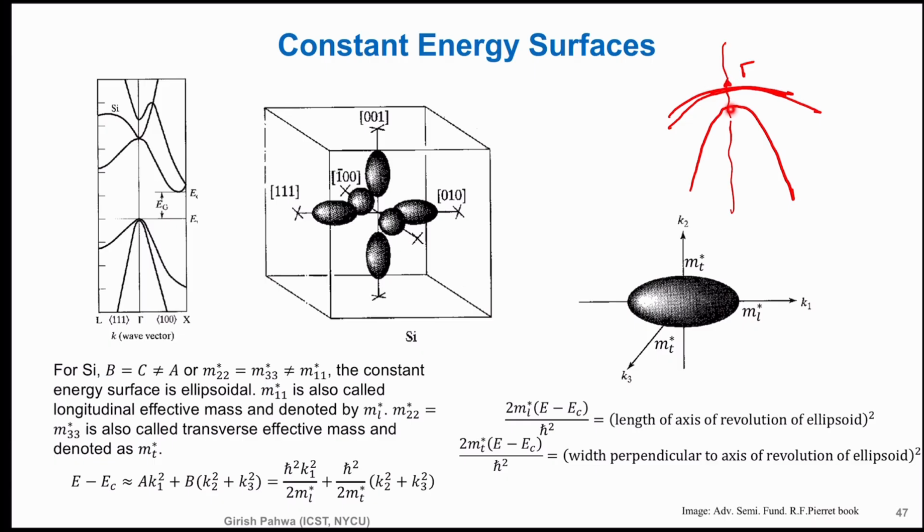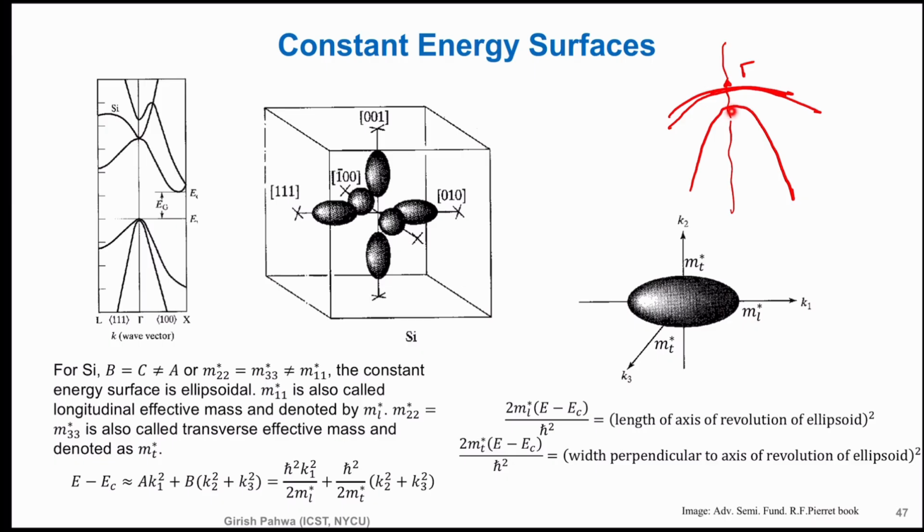Holes can still be there, but of course most of the holes will be here. Holes try to stay at the maximum energy point. Electrons try to stay at the minimum energy point. So the larger your point in the energy, the more will be the hole concentration around those points. These will have most of the holes, but some of the holes may also be here.